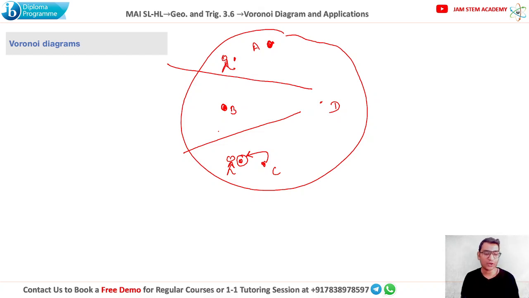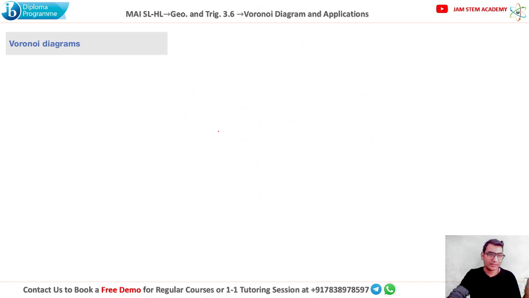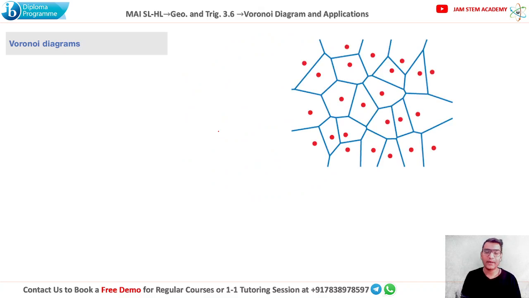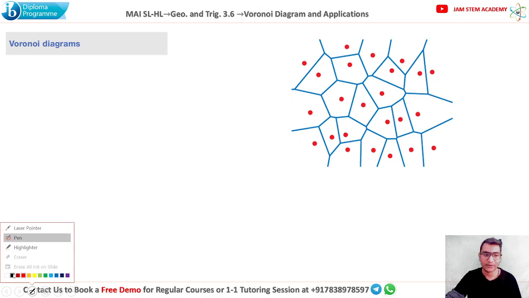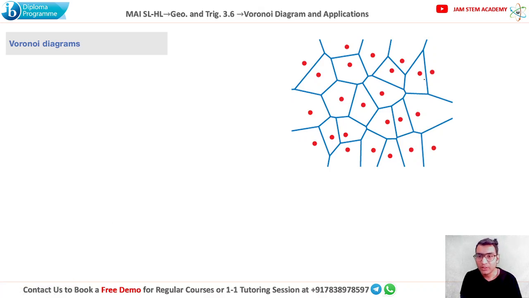Now I will explain what a Voronoi diagram is with the help of this example. Just like the shops of Domino's, we have sites. We call those points sites. As you can see here, these red dots represent the sites, or shops in our case. Let's call these A, B, C, D, and E. Consider only these five shops.